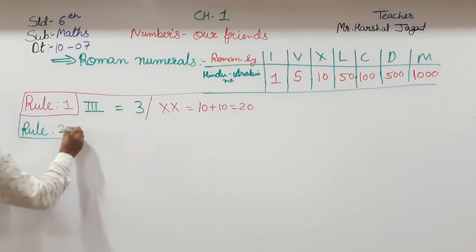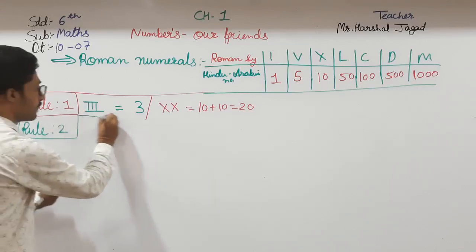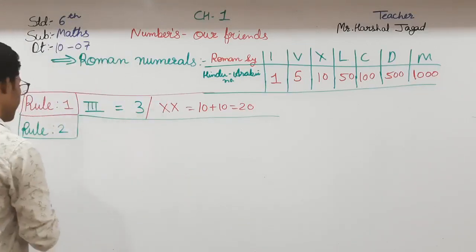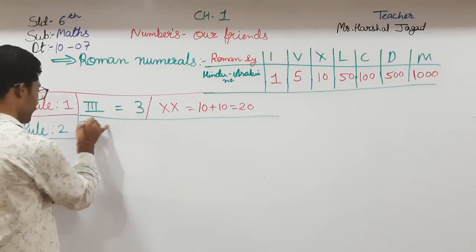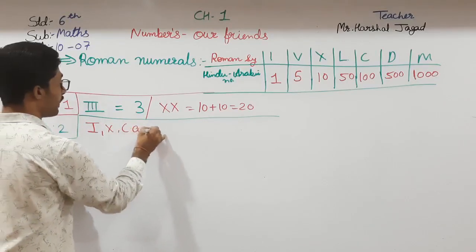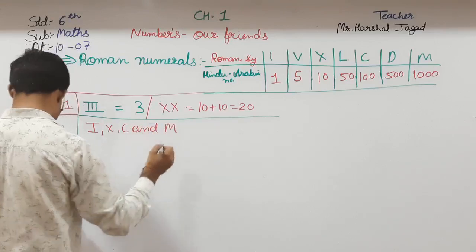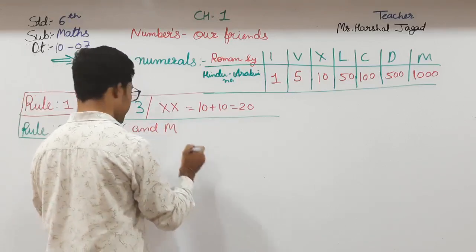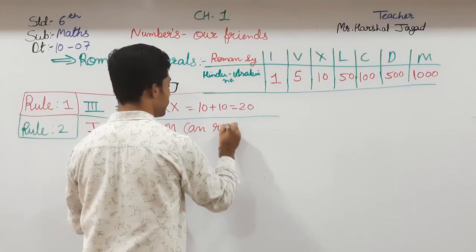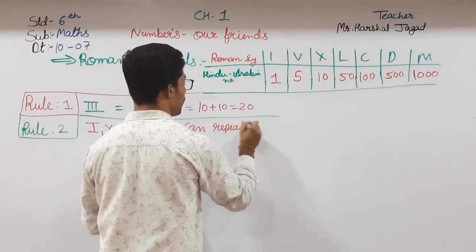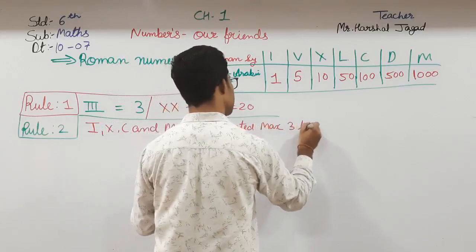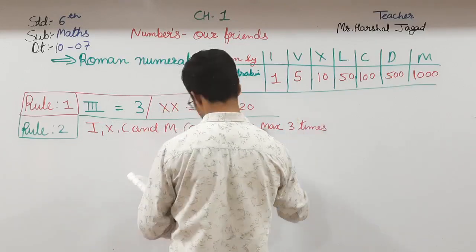Rule number 2, that is I, X, C and M can be repeated 3 times, not more than that.